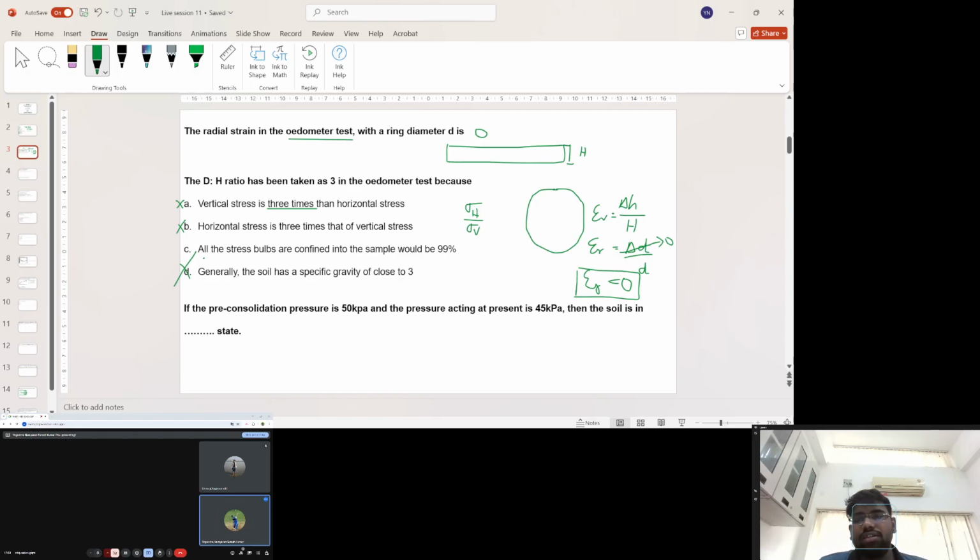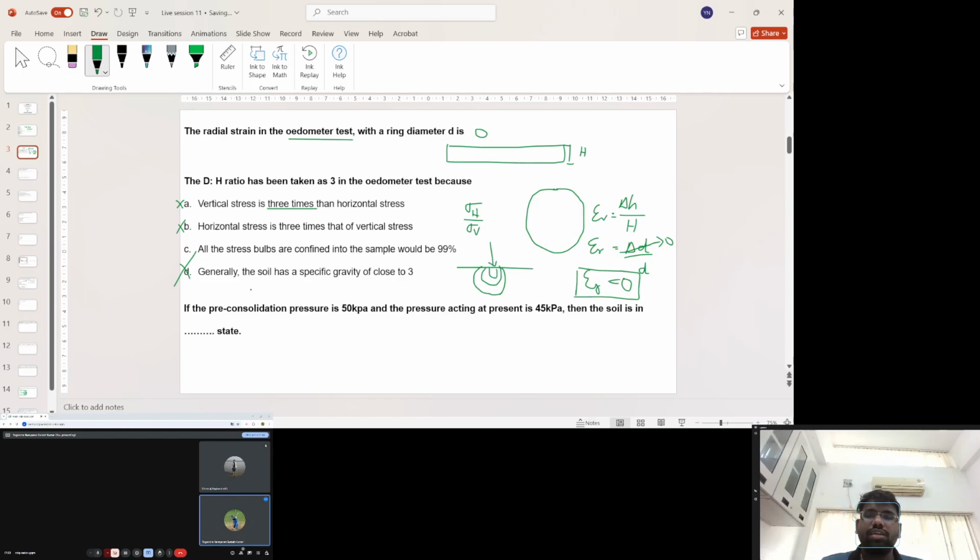The primary reason for choosing these dimensions is that due to the application of loads, pressure bulbs will get developed, right? You would have studied this in the previous week. There will be pressure bulbs developing, similar to this.